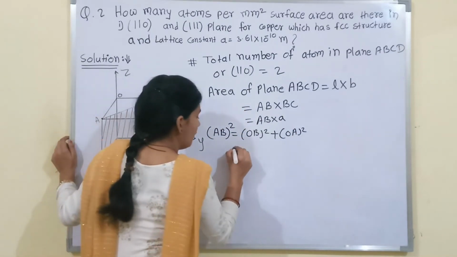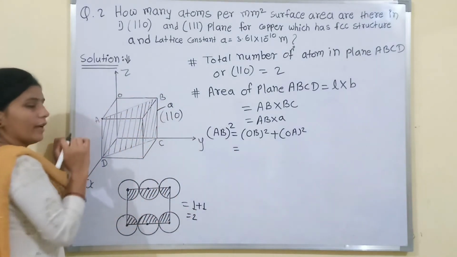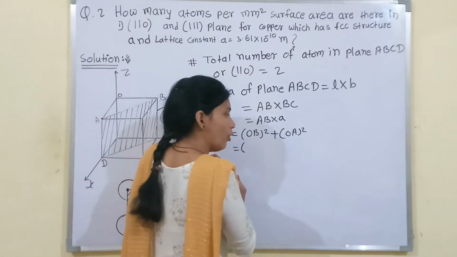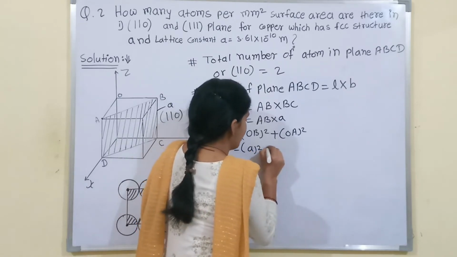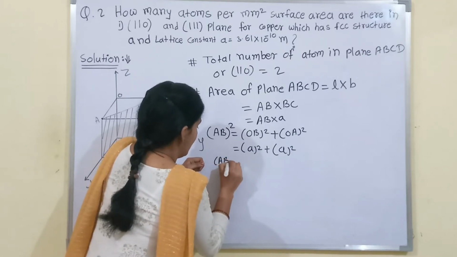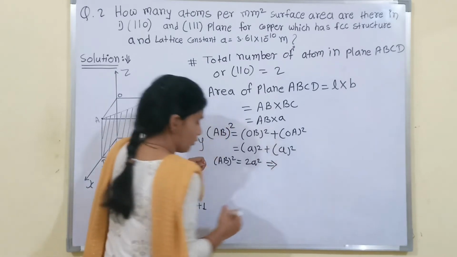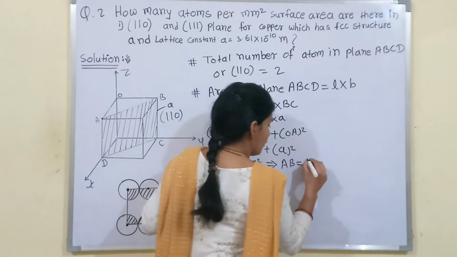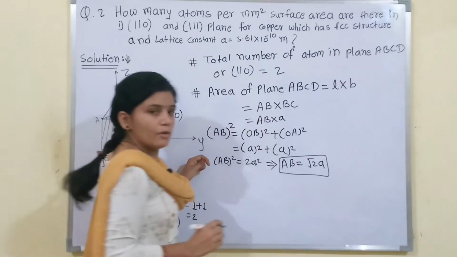OB and OA are also edges of the unit cell, so instead of OB and OA we can simply write A. So A square plus A square, that is AB square, is equal to 2A square, and we can write AB is equal to root 2A.